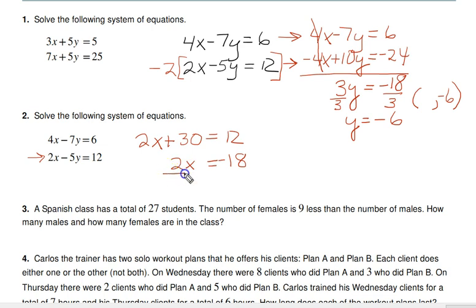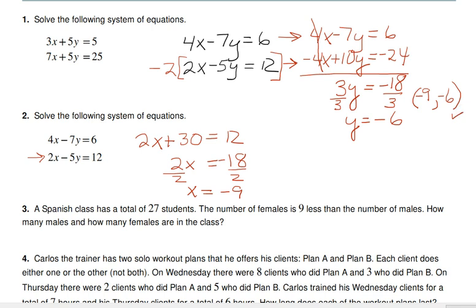Now I'm going to divide everything by 2. I get x equals -9. And again, you could take these, put them in these equations, and see if they make the statements true. And I did do that, and they do check.